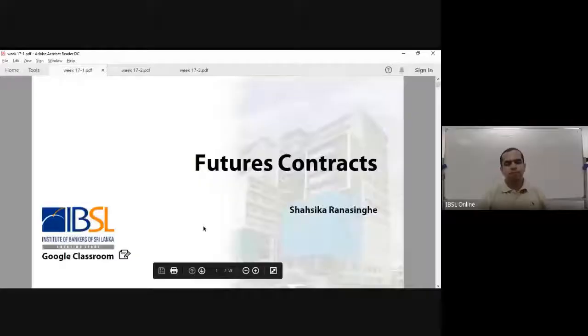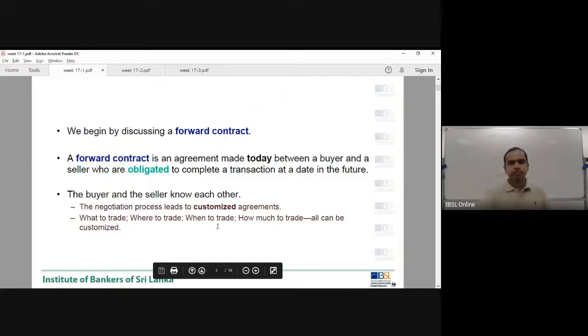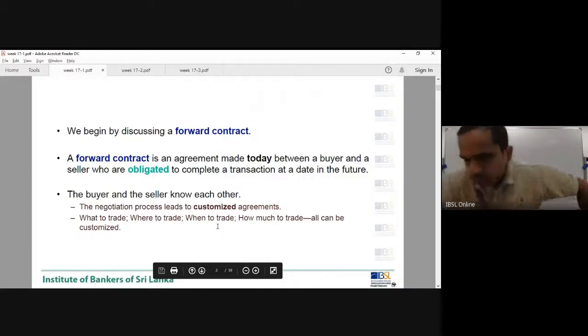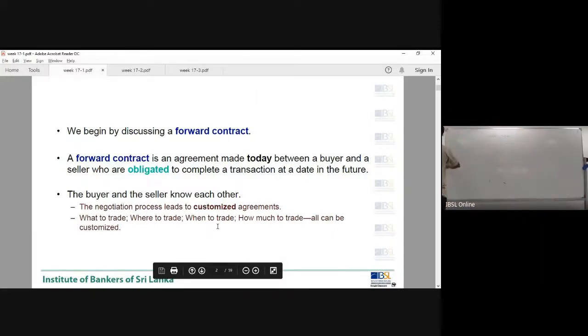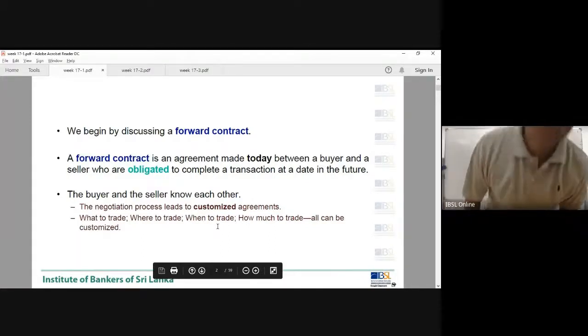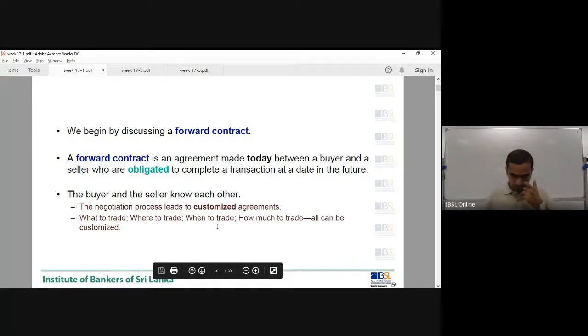On futures. Right, so forward contract and futures contract.